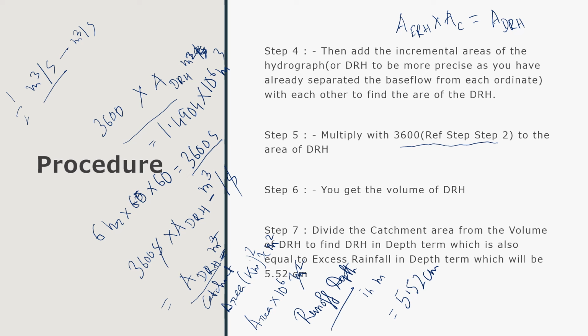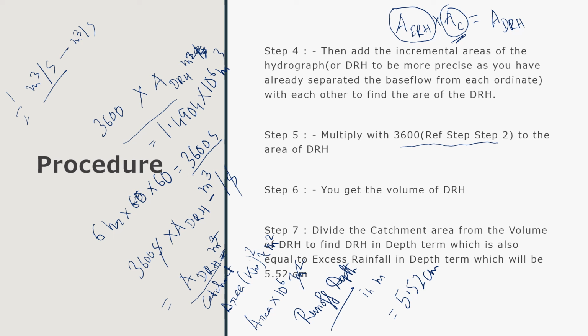So if I divide area of catchment from the area of DRH, direct runoff hydrograph, then I will get area of effective rainfall hyetograph, because my main aim is to get the effective rainfall depth.